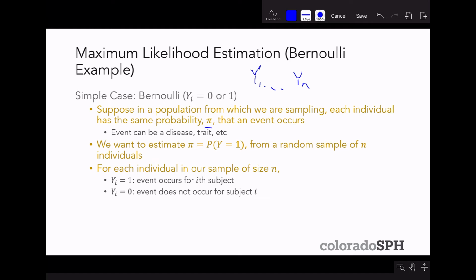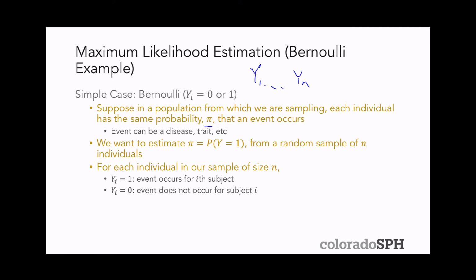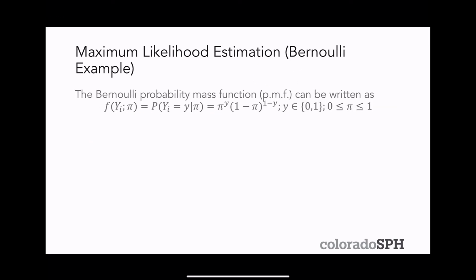So for each individual in our sample, yi equals 1 indicates an event occurs for the ith subject, and yi equals 0 indicates that an event does not occur for that subject. So let's go ahead and calculate the MLE of the Bernoulli distribution for data that is in this example.